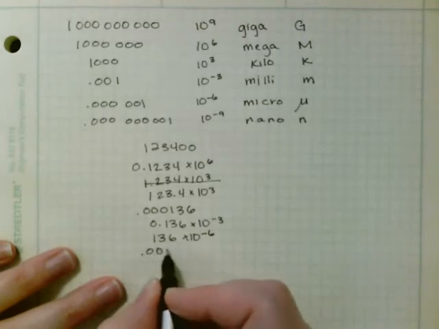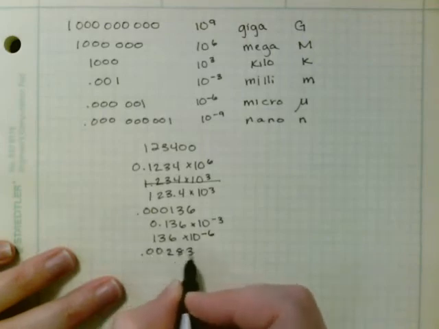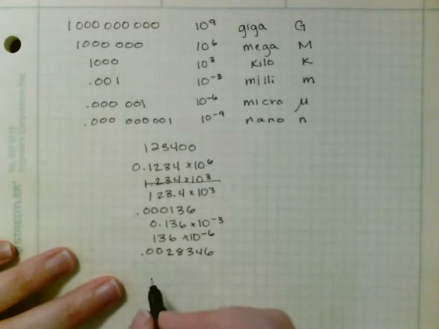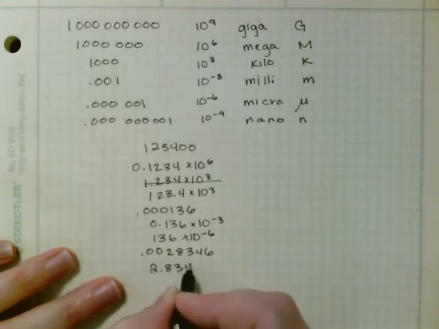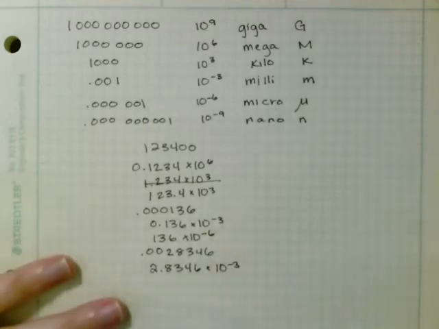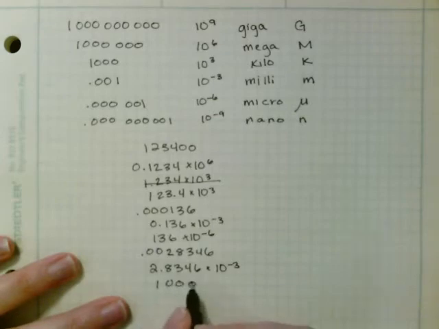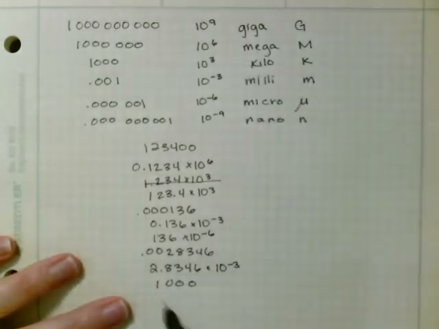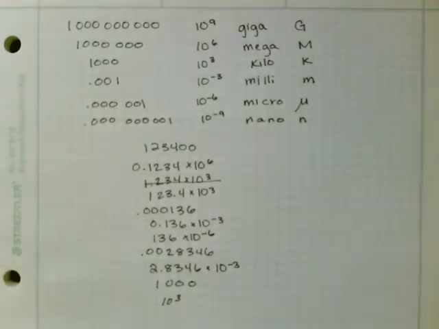Our number is 0.02836, and we can express that as 2.8346 times 10 to the negative 3rd. And we can also take 1,000, like it's the same thing as up here, which can also be expressed as 10 to the 3rd. So those are just a few examples of how you can use scientific notation.